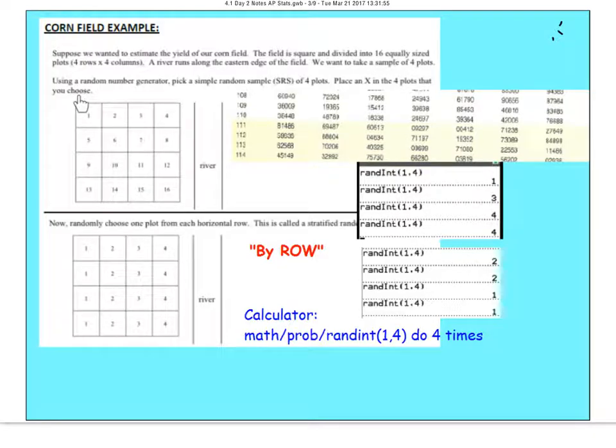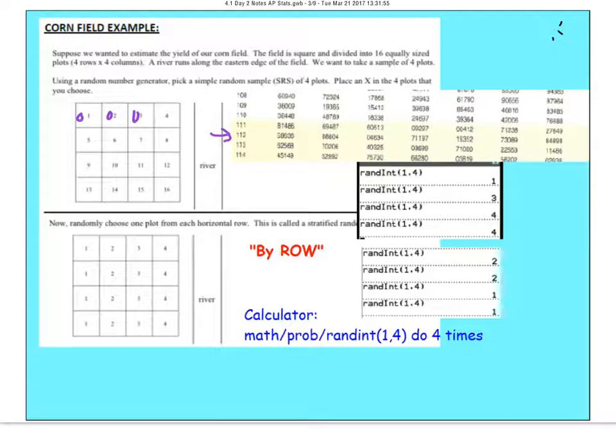So for this first example, let's actually use Table D of our random digits, and I am going to start on row 112. Now, taking a look at our plots, we have up to 2-digit plots, so everyone should be a 2-digit number. Therefore, it would be 01, 02, 03, and so forth.